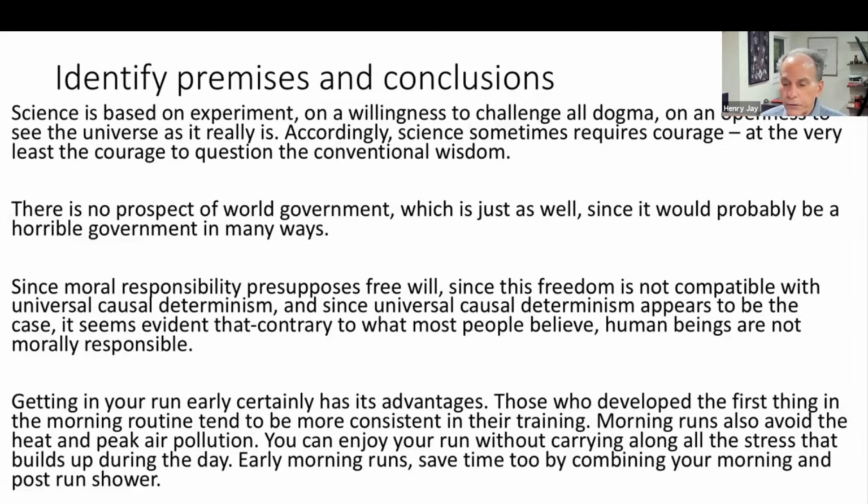Accordingly, science sometimes requires courage, at the very least, the courage to question conventional wisdom." So we have two sentences. Which is the claim and which is the premise? What is the point of view of the author? What position is the author taking?